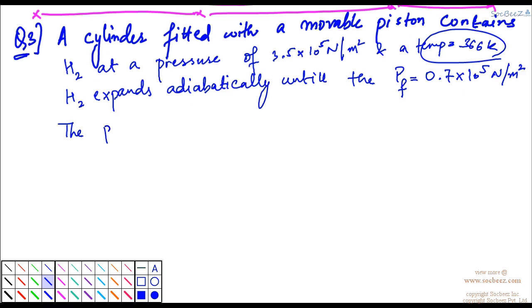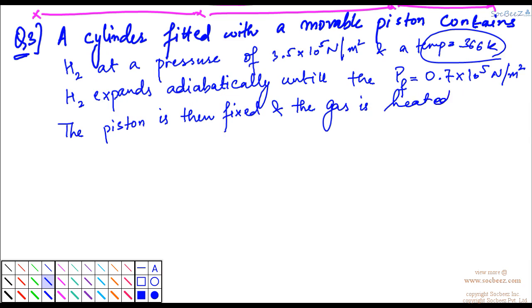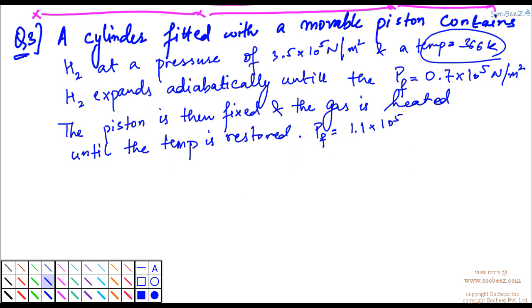The piston is then fixed and the gas is heated until the temperature is restored. The final pressure now found was 1.1 into 10 raised to power 5 Newton per meter square. You have to find the molar specific heat of hydrogen.